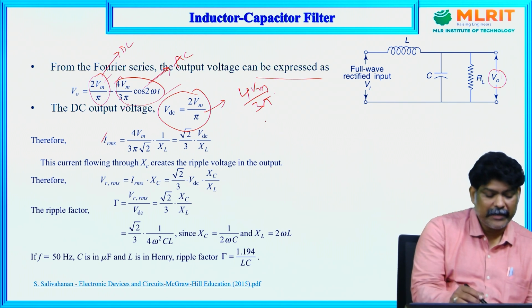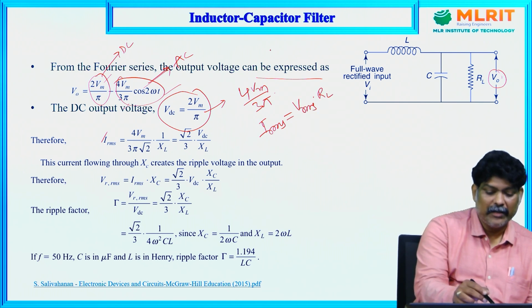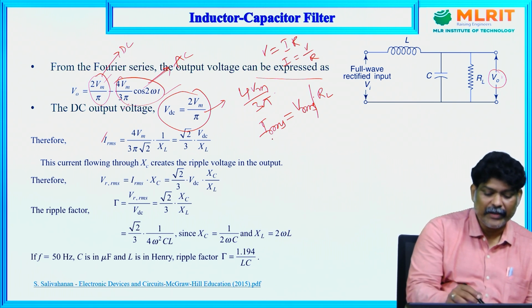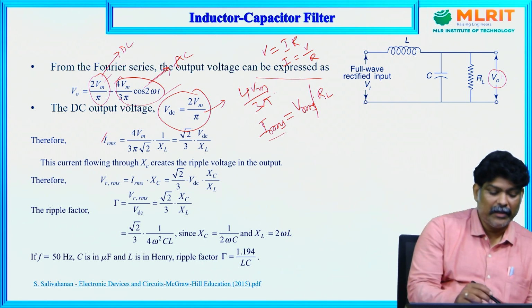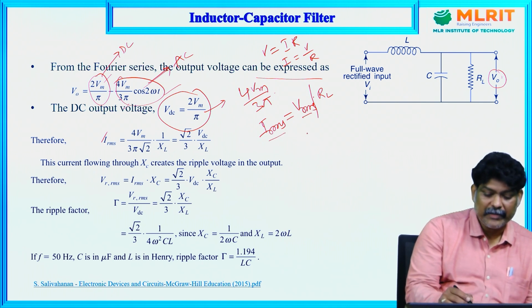What is IRMS? IRMS is equal to VRMS by RL, because we know V equals IR, so I equals V by R. And we know VRMS is Vm by root 2.